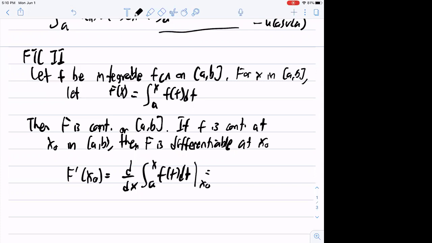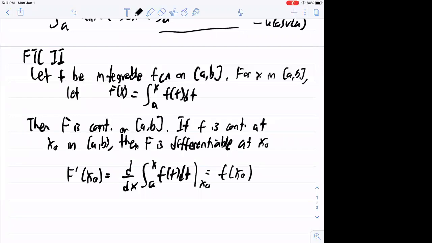If I take the antiderivative of f and then the derivative of it, I should get back f, and evaluating at x naught, I get f(x naught). So FTC is just saying antiderivative and derivative. The word anti is justified. Nothing too much there.